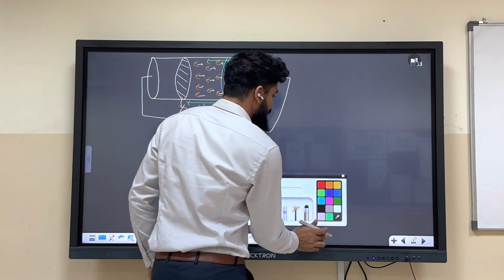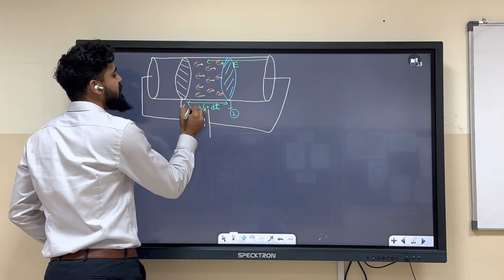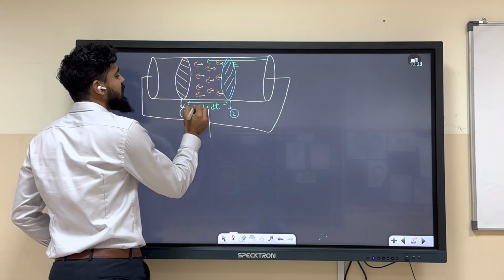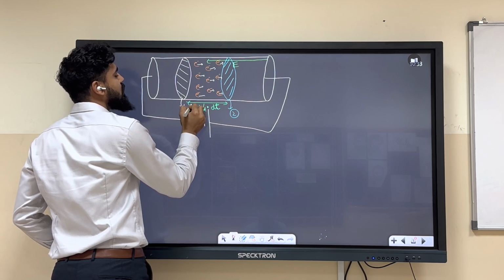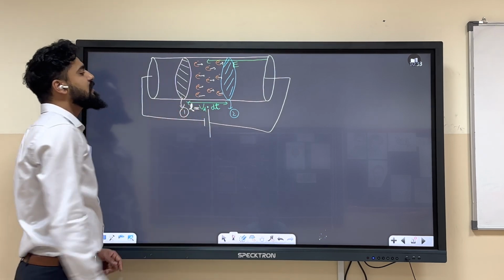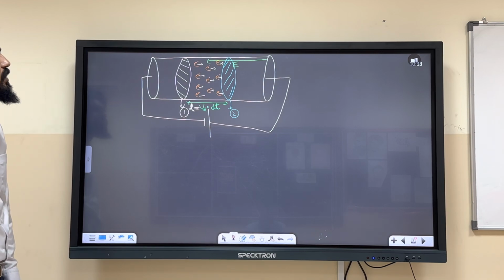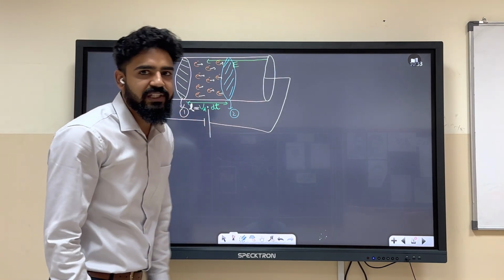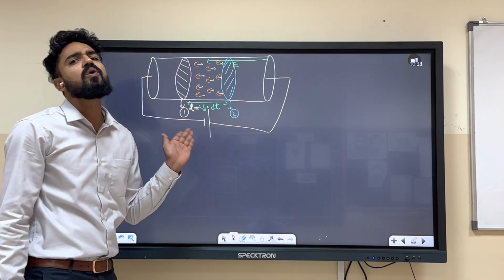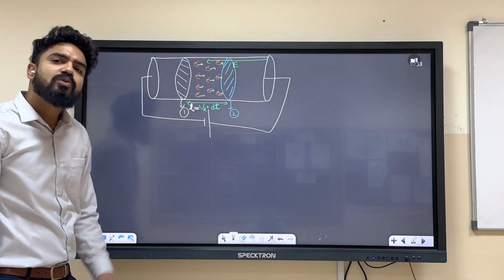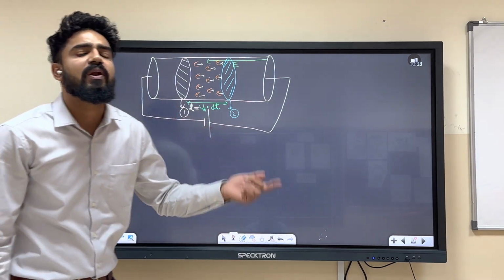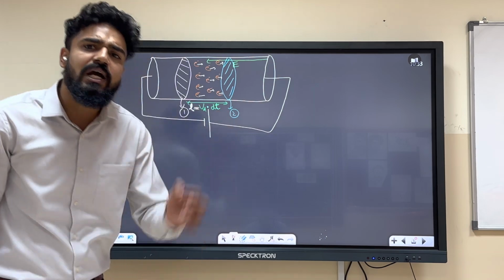Or we can say कि देखो this is length. Look carefully, the length between these two cross sections is nothing but velocity into time. Yes or no? With what velocity? With drift velocity. In how much time? dt time.